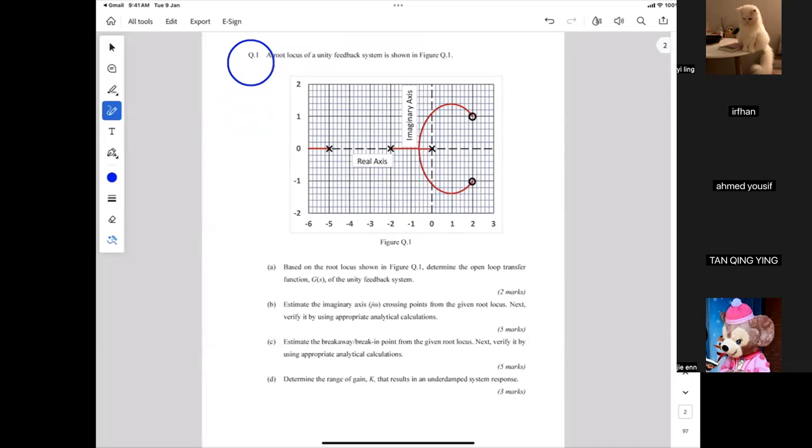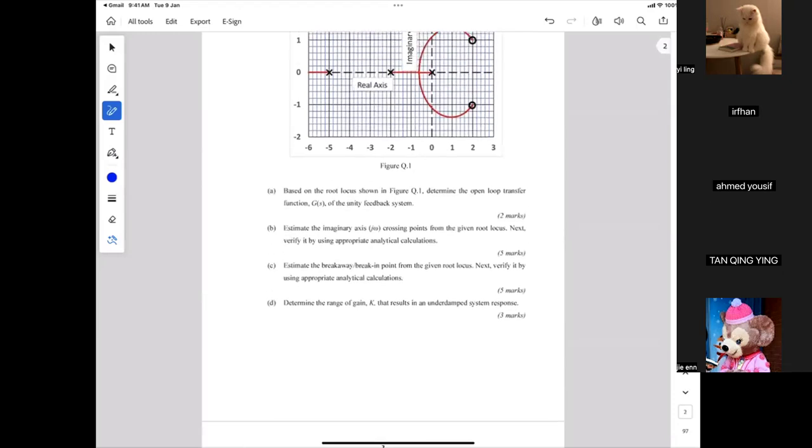Next, verify it by using appropriate analytical calculation. Estimate the breakaway point from the given root locus. Next, verify it by using appropriate analytical calculation. Determine the range of gain K that results in an underdamped system response.